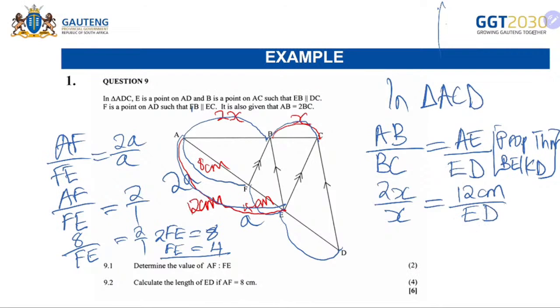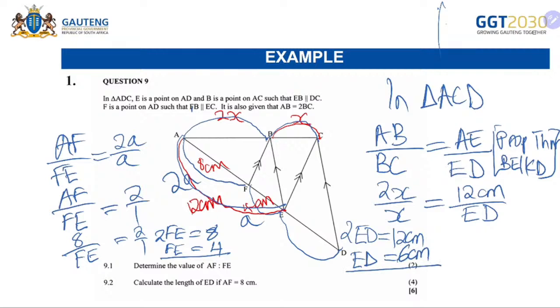And then from there on, x and x are going to disappear, and then I will be able to get my 2 ED will be equal to 12 centimeters, and then my ED will be given as 6 centimeters. Then we would get our 4 marks.